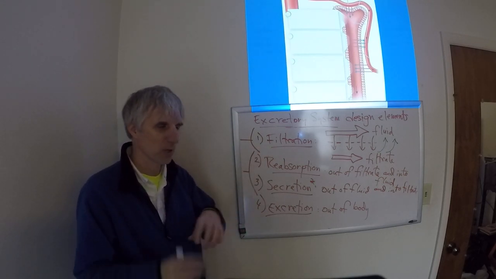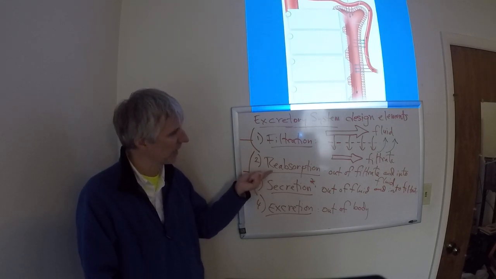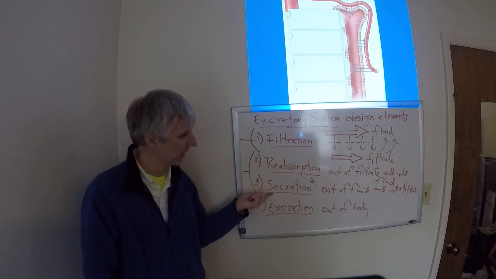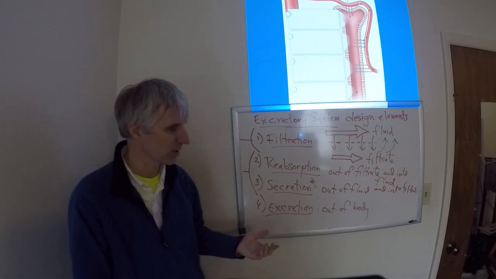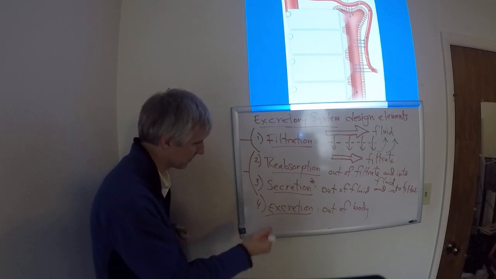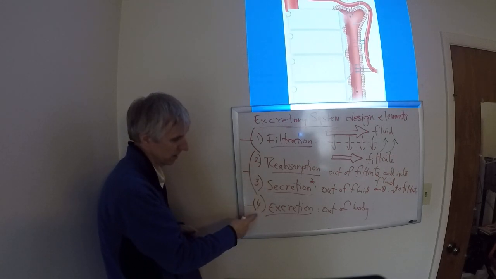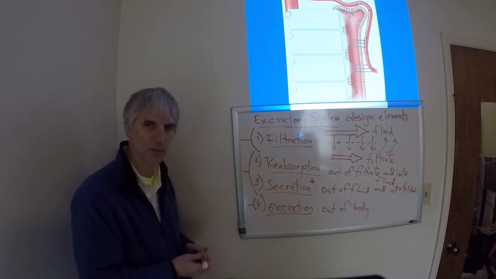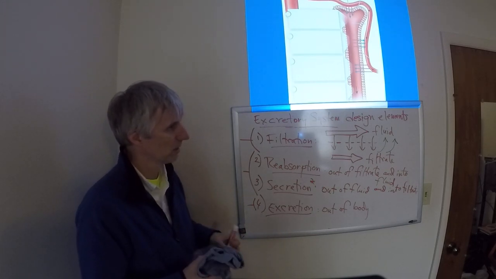The filtration wasn't perfect. Well, let's readjust what's in the filtrate by either adding more stuff to it or taking stuff away. And then finally, this last piece, excretion, let's kick it out of the body. Okay? Filtration, adjustment, excretion. And the adjustment has two steps, reabsorption and secretion. Okay? All right.